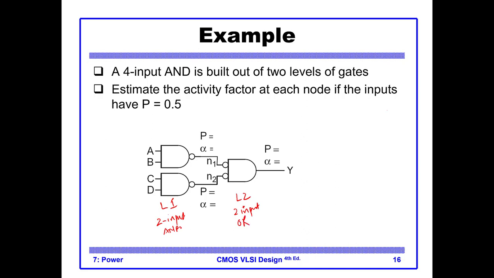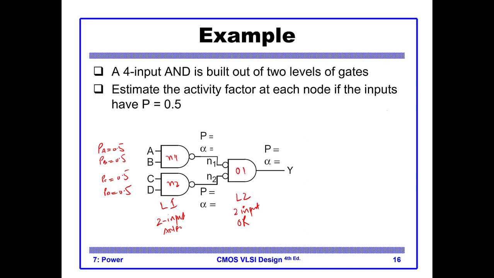Estimate the activity factor at each node if the input has a probability of 0.5. We can say that Pa is 0.5, Pb is 0.5, Pc is 0.5, Pd is 0.5. Let me call these NAND 1, NAND 2 and this is OR 1.